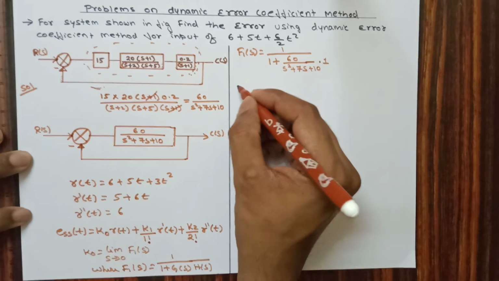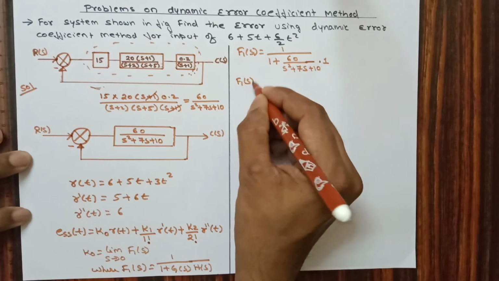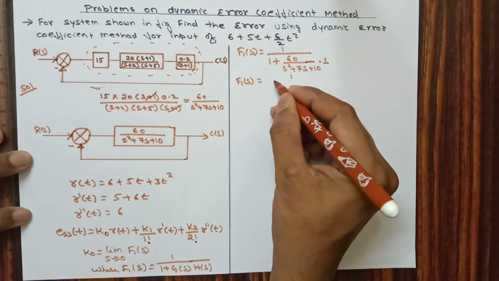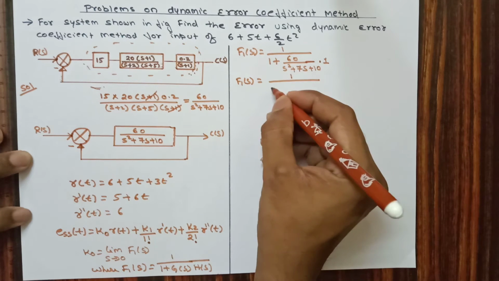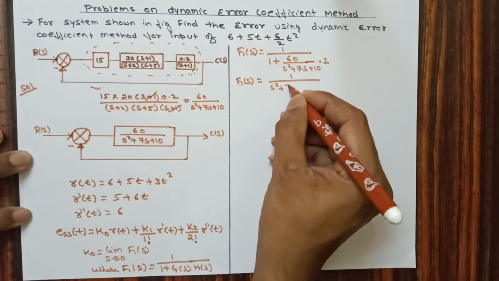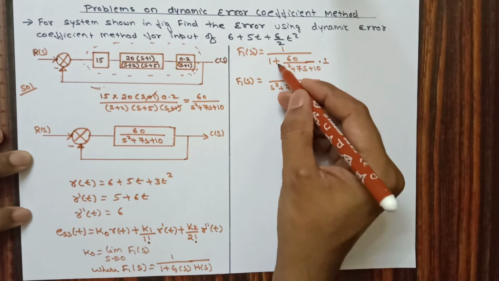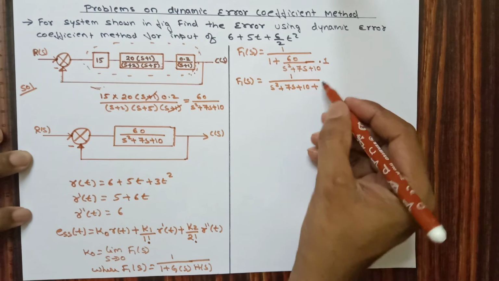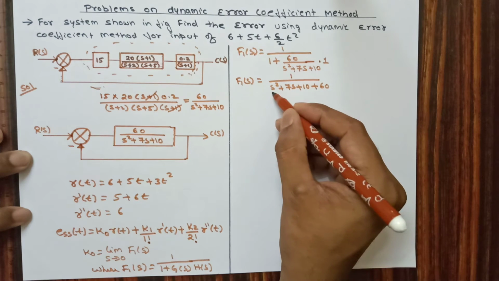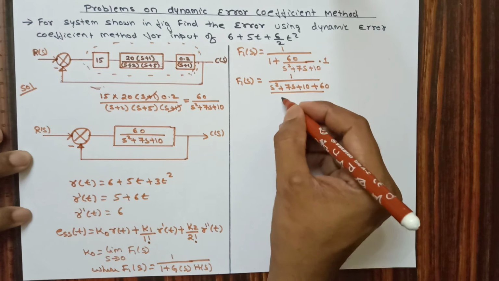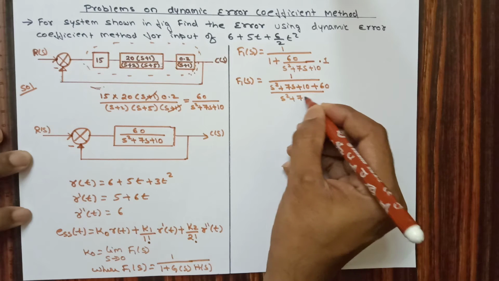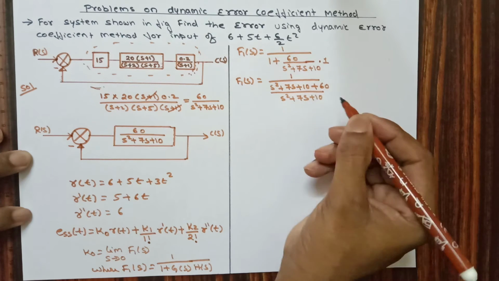By taking LCM, F1 of s is equivalent to 1 divided by, s square plus 7s plus 10 plus 60 into 1, all over s square plus 7s plus 10.